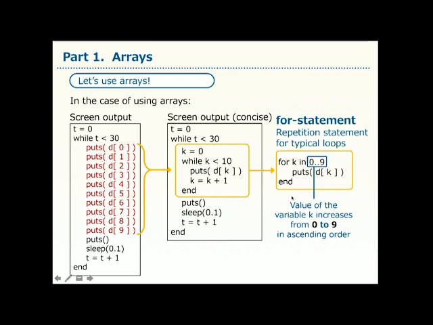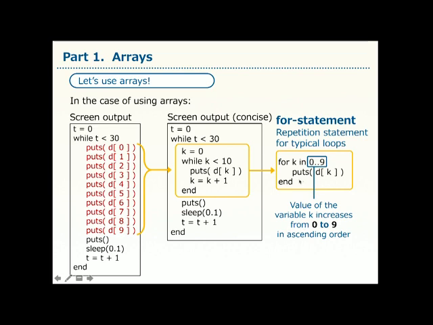Therefore, when executing this part, k is set first to 0, then the puts command is executed. That displays D[0] on the screen, and afterwards k is increased by 1. So next is D[1], and so on, until it reaches 9. This is executed 10 times. Then the for statement is over.